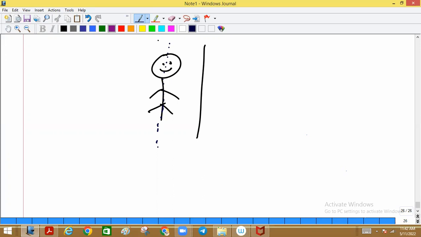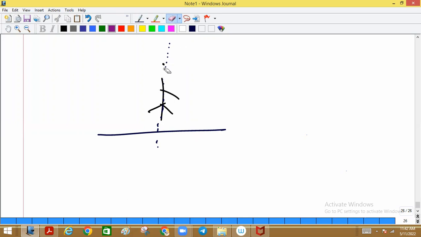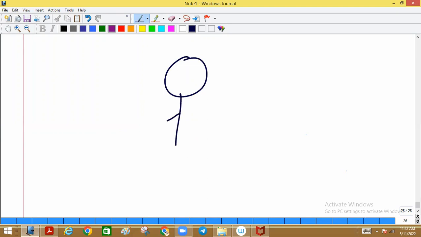So if you keep the mirror at the bottom, it becomes what? Water image. In the case of water image also, it is the same. Why? Because you are keeping the mirror at the bottom. So whatever is near the mirror, keep near it. Whatever is above the mirror, keep above it. This is the mirror. Now what is near to it? These legs are near, and finally the head is away.